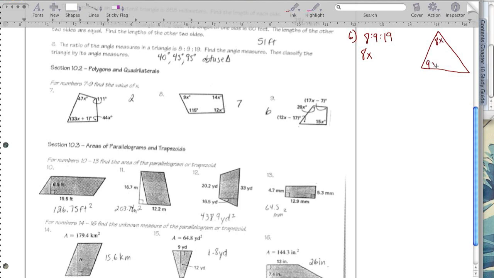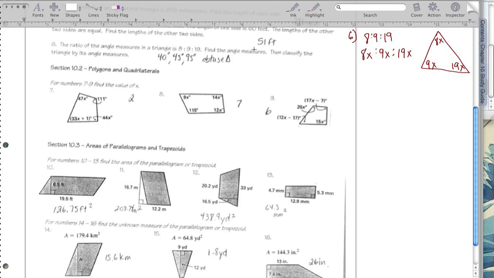This is going to be 9x, and this is going to be 19x. So all I do is turn this into the same ratio, but I add in an x for each of our components. That's because a ratio has to stay constant, and as long as we're multiplying everything by the same number, it remains that same ratio. So when you see a ratio, you can add in the value of x's.